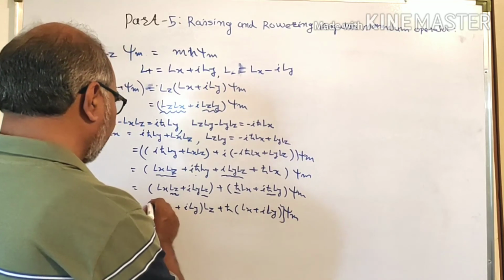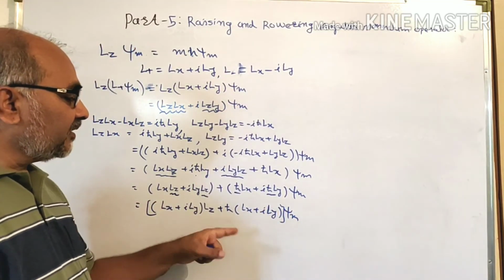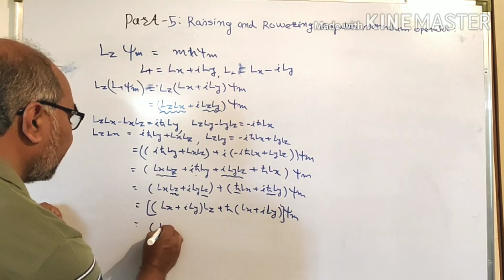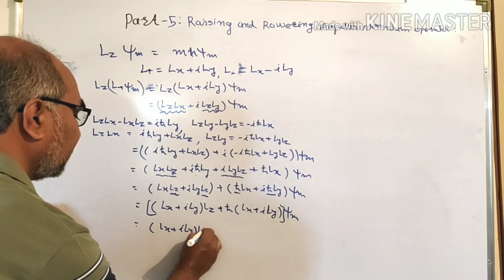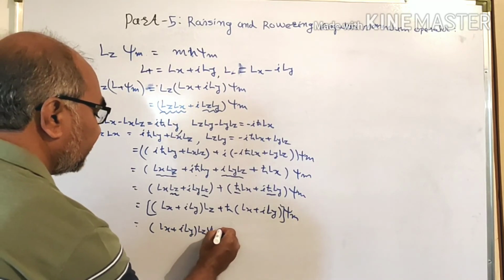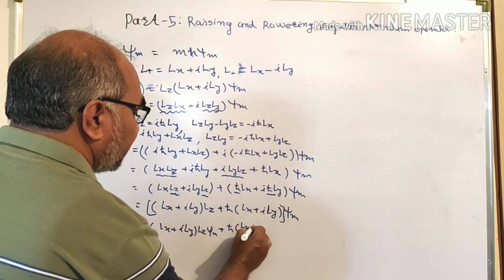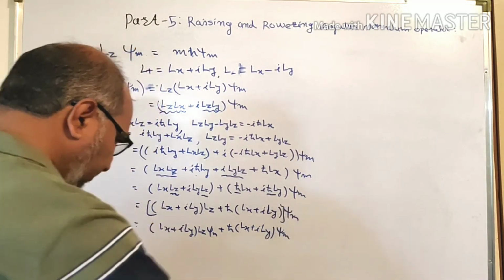Multiplying inside, it becomes (Lx plus iLy) Lz psi m plus ħ (Lx plus iLy) psi m.